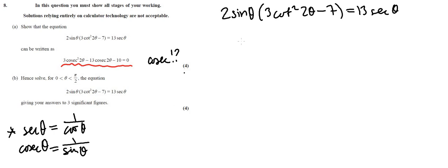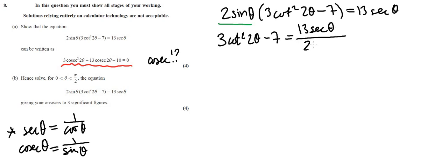Right. So what I'm going to do, I'm going to divide through by 2 sine theta. And that will give me 3 cotangent squared 2 theta minus 7 on the left hand side. And on the right hand side, I'm going to have 13 sec theta divided by 2 sine theta. Okay, now I've got sec theta here. Now, remember, I want cosec, but I've got sec theta, and sec theta is 1 over cos.